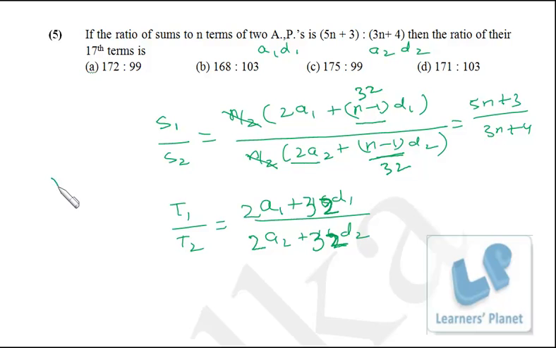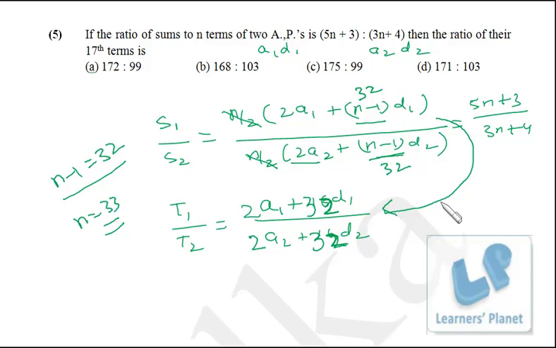That means if I put n minus 1 equal to 32, I'll be getting this expression same as this expression, right? So n minus 1 is 32, that means n is equal to 33. So if n is 33 over here, n will be 33 over here also, right?